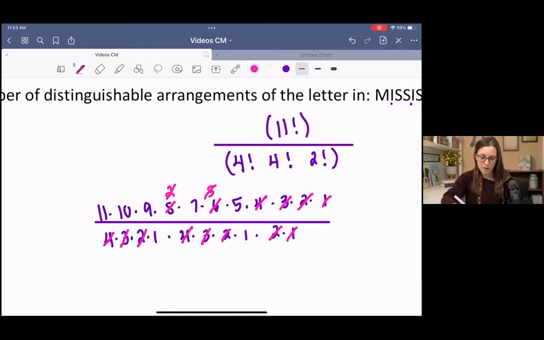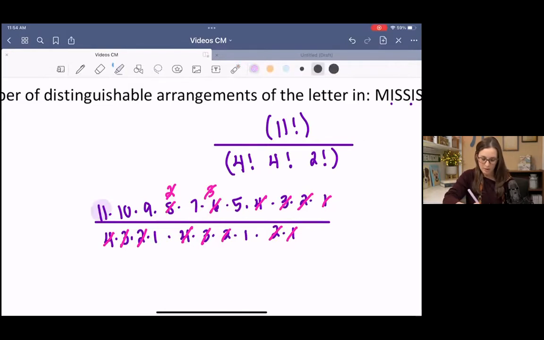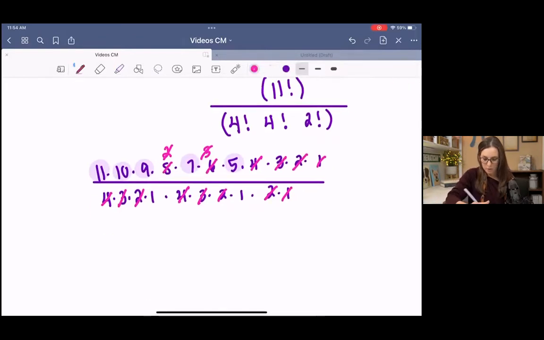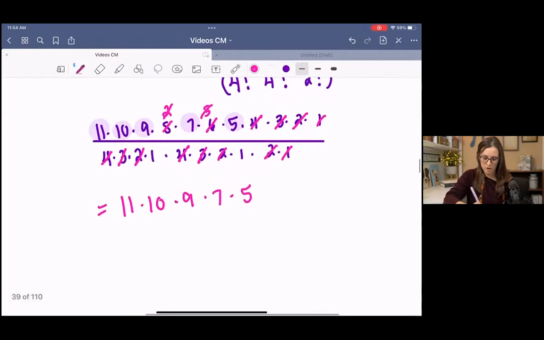Now you can see here that I've effectively eliminated everything in the bottom except for ones, which is nice. And then in the top, all I have left is 11, 10, 9, 7, 5, looks like. So I'm multiplying 11, 10, 9, 7, and 5. That's a little easier than multiplying all those numbers and then just multiply it out.